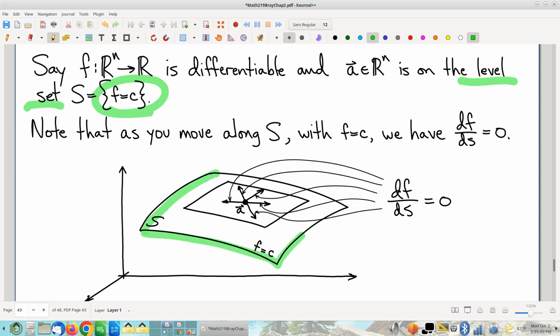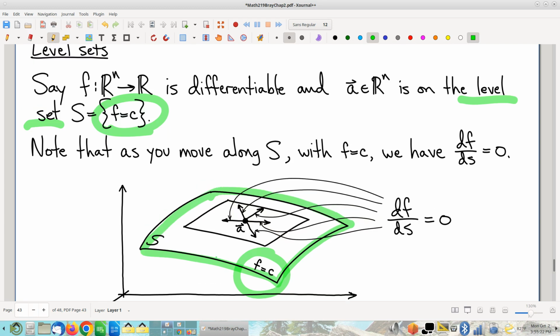You can see right here in the way I have it drawn, f equals c. So everything on this surface is a level set of this function called f. This is a surface in space. Space has 3 different variables. Level sets live inside of the domain of the function. So this is a very different kind of function than what we had on the previous page.